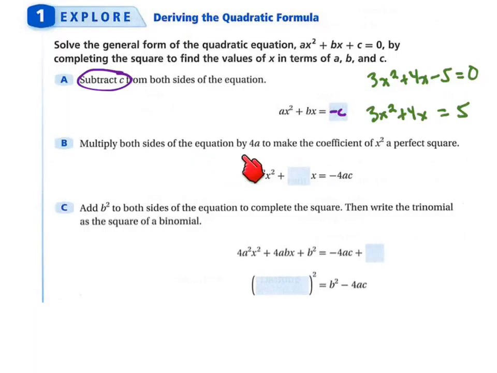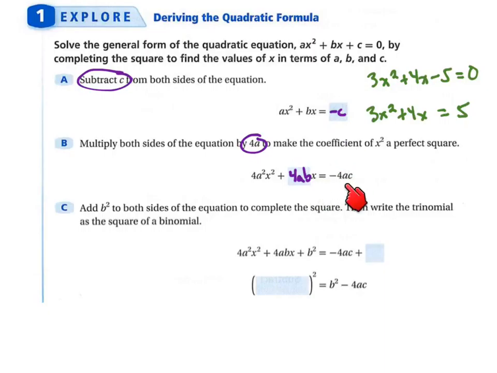Now I'm going to multiply both sides by 4a to turn this ax squared into a perfect square. So each term by 4a. So I'll turn ax squared into 4a squared x squared. I'll turn bx into 4abx.